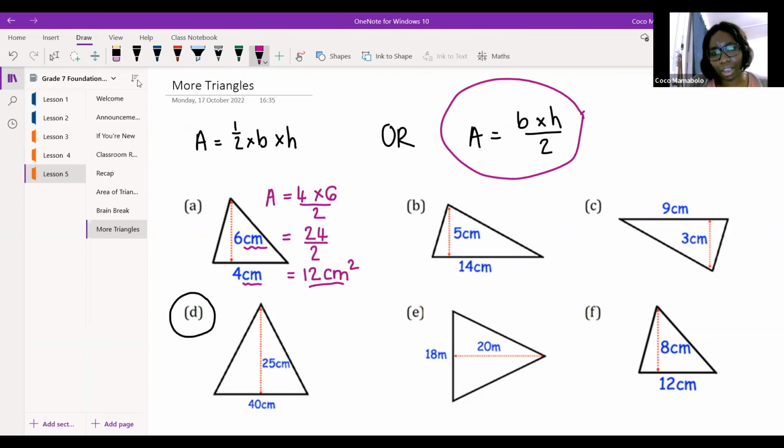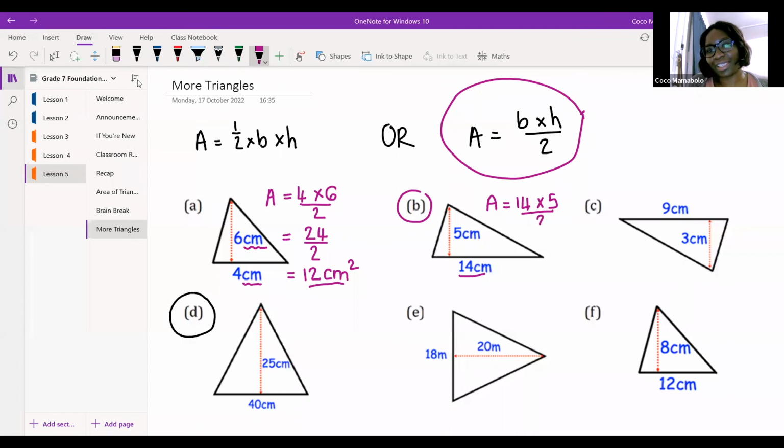Excellent. Can I ask you to try number B for me? Try B. Okay, what am I going to write, my sweetie? I'm going to write area is equal to, what am I multiplying? This one. So I'm going to write 14 times 5. Good. 14 times 5 divided by 2.